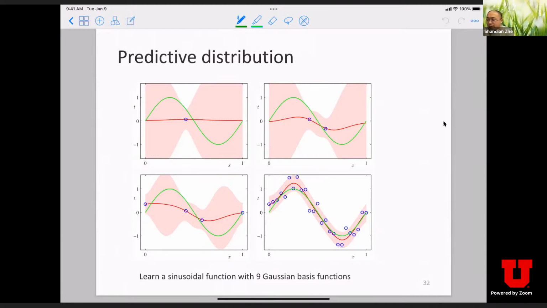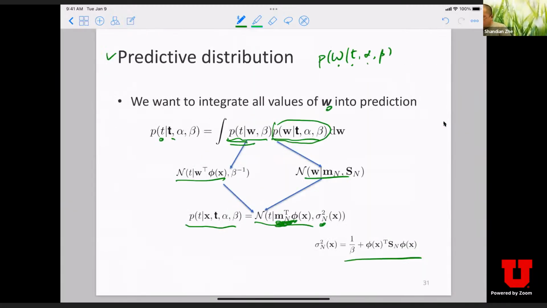So again, this green curve is the ground truth, and the red curve is the learned curve, the mean of the predictive distribution.